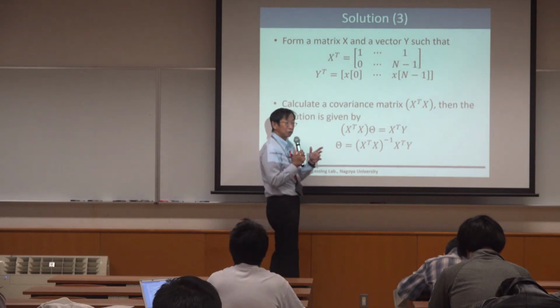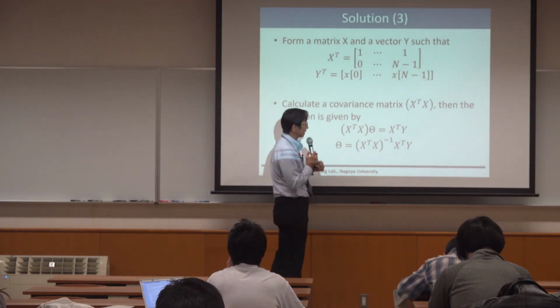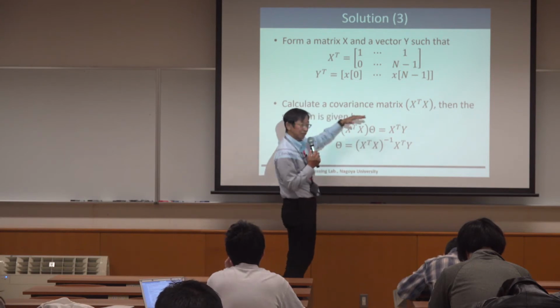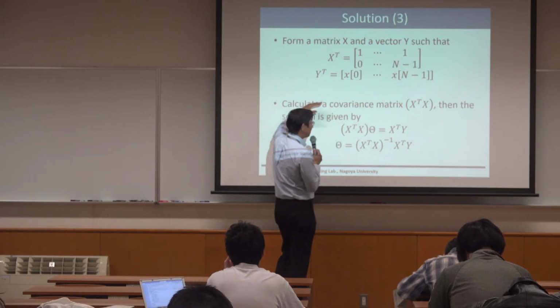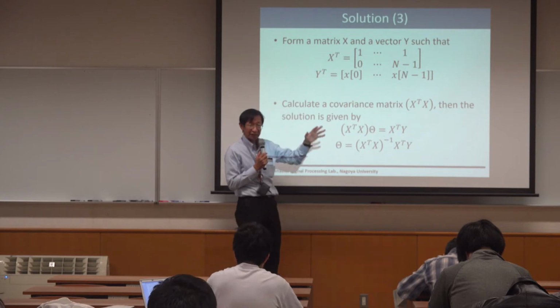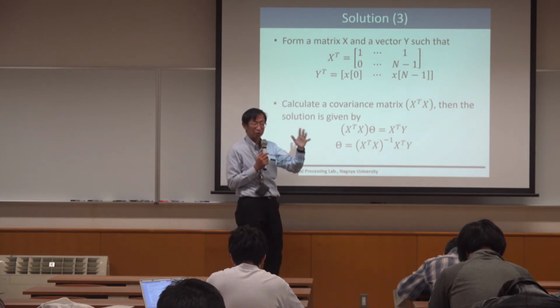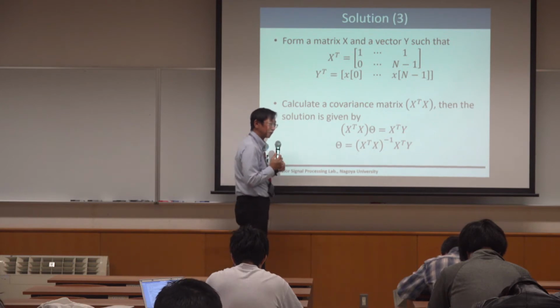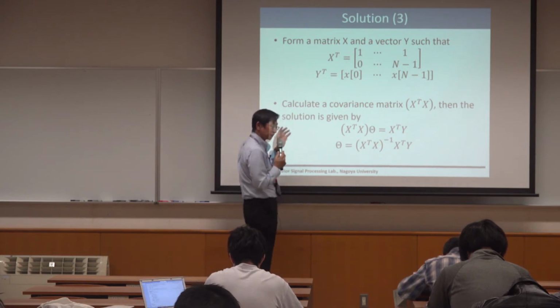Then I would like to talk about more general cases. The previous case was sequenced data, and the independent variable is a sequence index like 1, 2, 3, 4, 5, 6, 7, and the dependent data is xn.